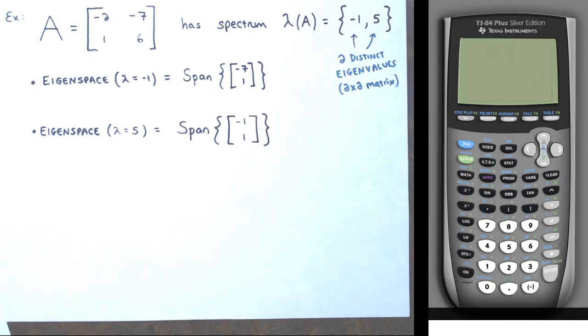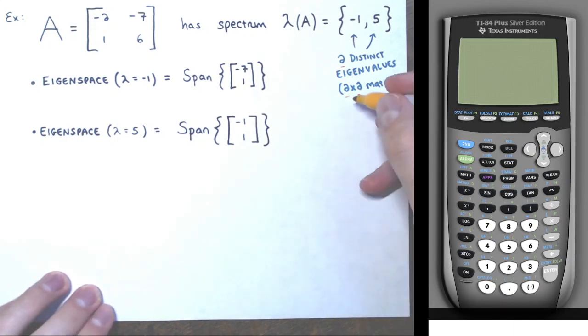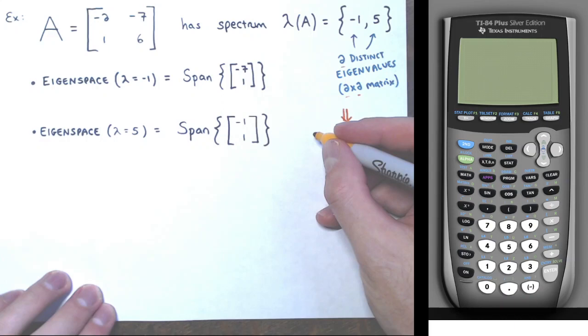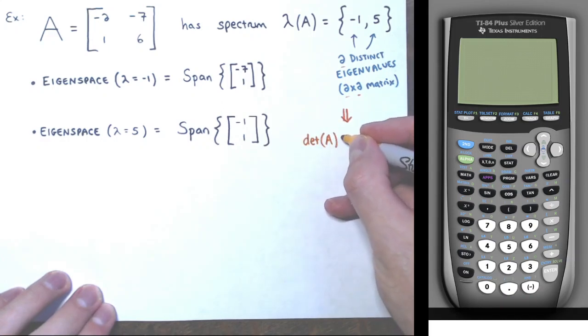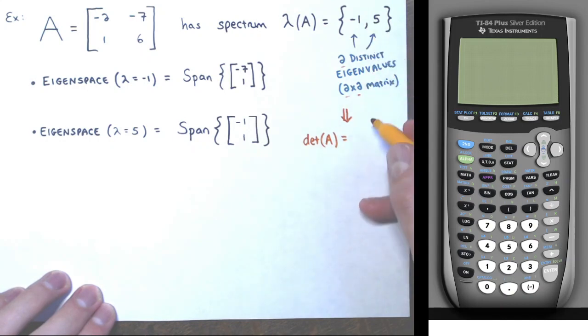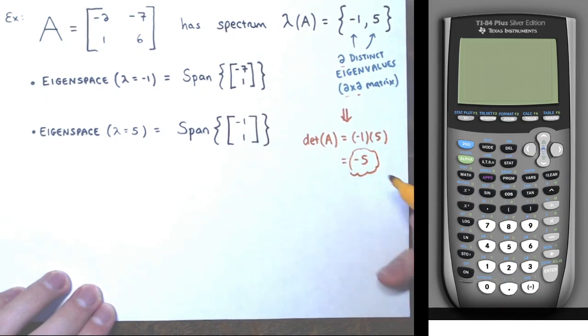All right, this is a 2 by 2 matrix. It does have exactly 2 distinct eigenvalues, 2 different eigenvalues. So therefore, the determinant of this matrix should be equal to the product of those eigenvalues. Should be -5. Well, let's check that.